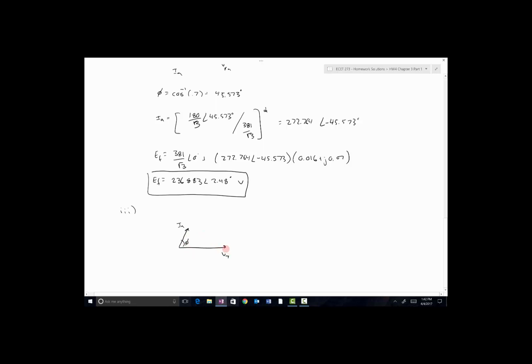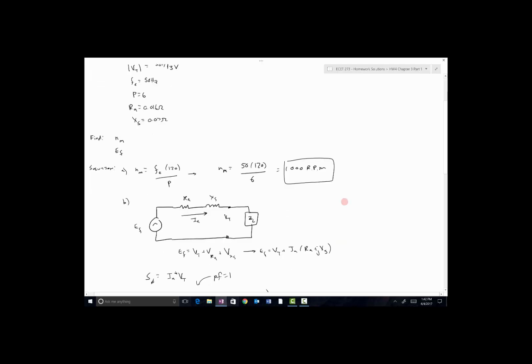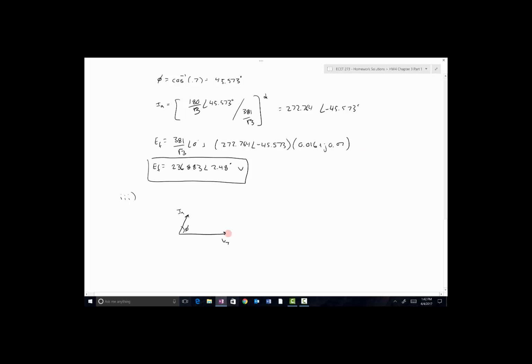The voltage drop across the resistor in that circuit model is in phase with the current, so that points that direction. The voltage drop across the synchronous reactance is 90 degrees out of phase with that, so that's that direction. And EF is right there, so that's EF, that's the power angle, that's the voltage drop across the synchronous inductance, VXS, and that's the voltage drop across the armature resistance, VRA.